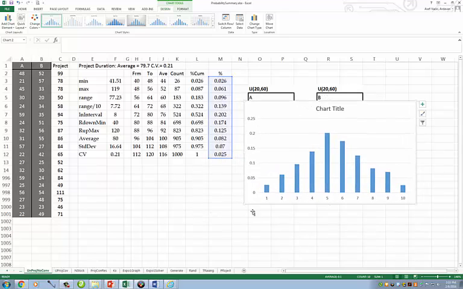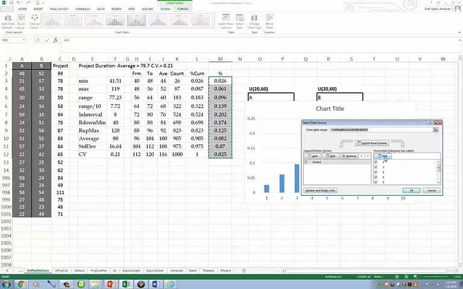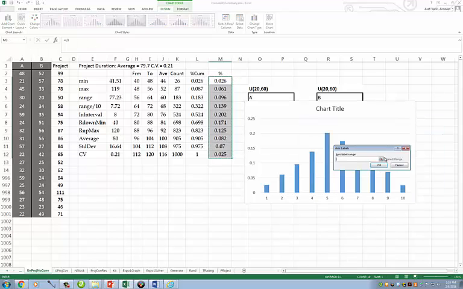Here on the left hand side on the vertical axis, I do have the frequencies, but on the horizontal axis I have some numbers which do not have any meaning to me. So I'll go here, select the data, I go to the horizontal axis, edit, and then I select these numbers.